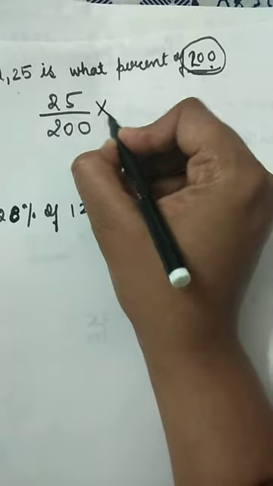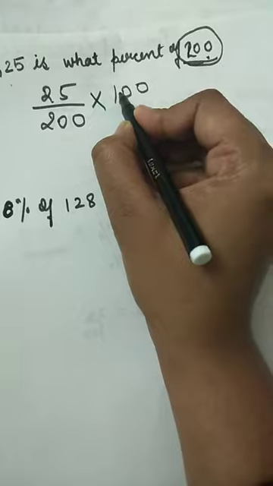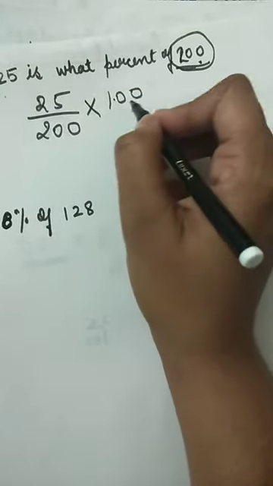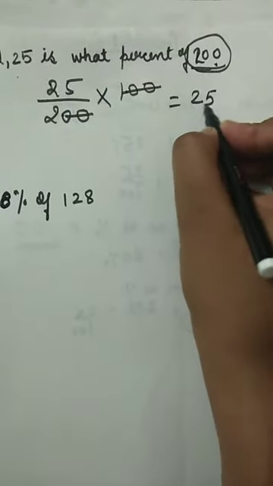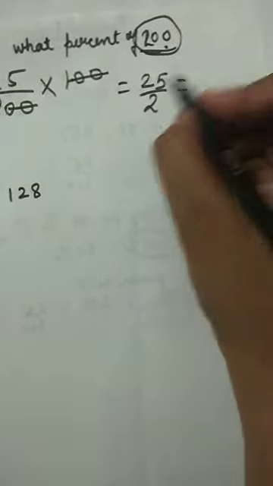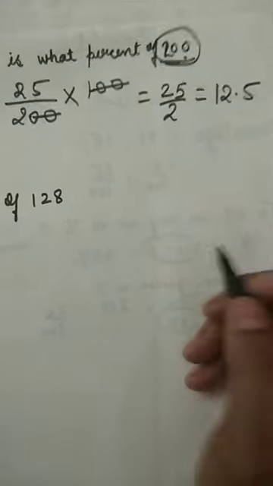For changing any number into percent, we multiply it with 100. So we will multiply this fraction with 100. Now we will cancel the zeros, and our answer is 25 by 2. You can also get the answer in decimal, so this will be 12.5.